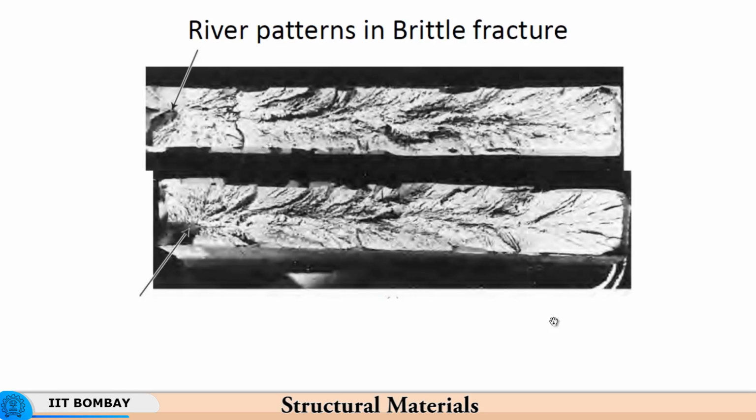So, this helps you to find where the crack originated. So, if you find the river pattern, you try to go upstream. So, you go upstream along every river segment, then you will finally converge onto the region where the crack originated, because the crack always goes away from its point of origin.